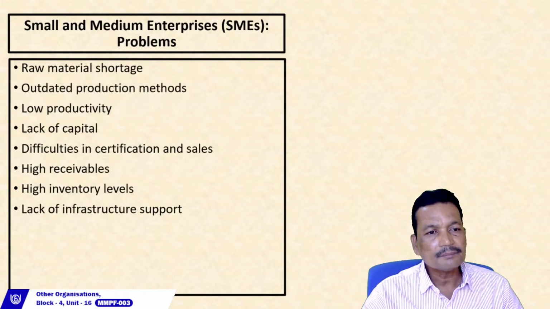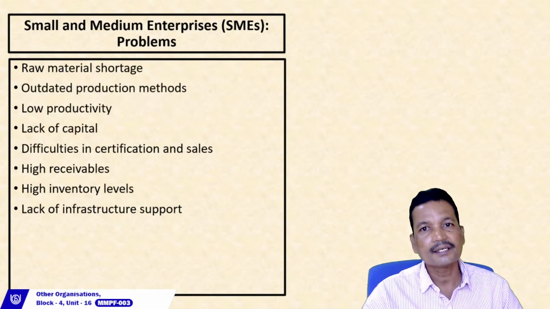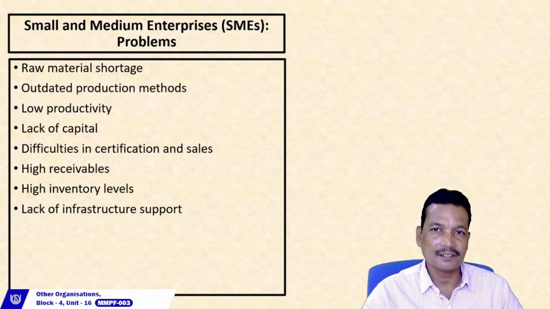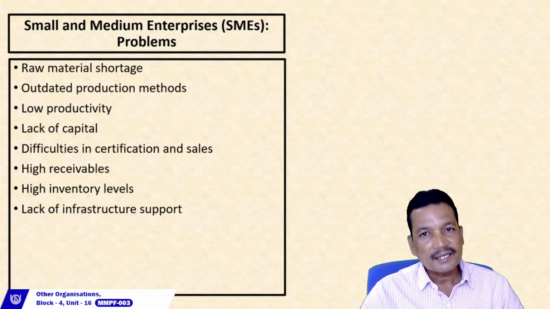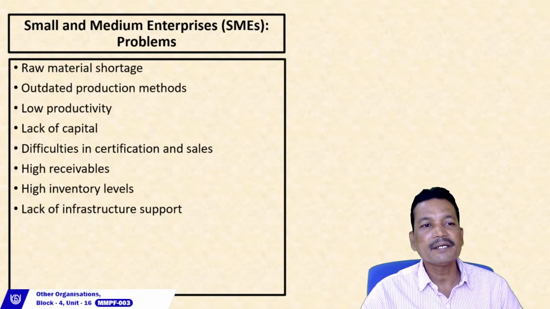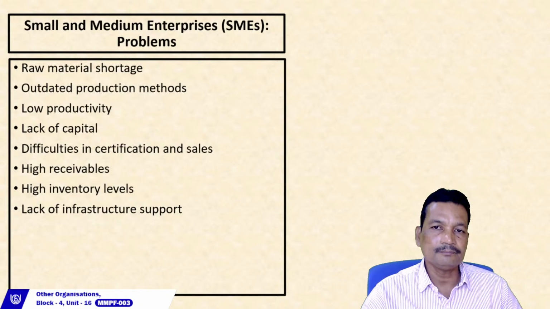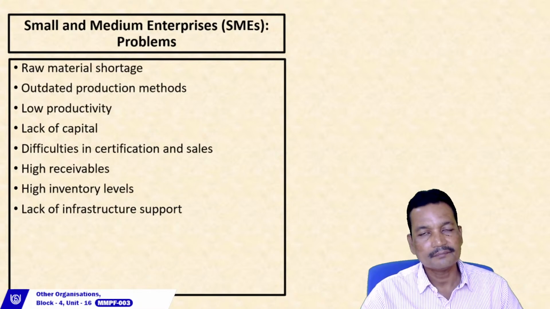Now, here they face lots of problems, like availability of raw material is difficult. Due to lack of capital, their production methods may be outdated, which may be leading to low productivity.